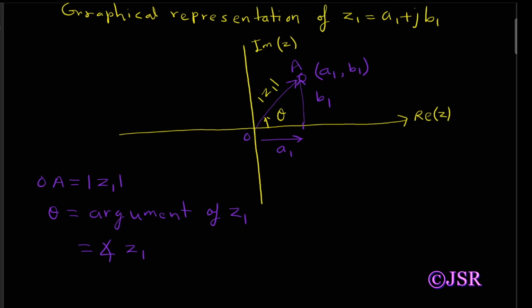So this way we can represent any complex number in the complex plane by a polar form. So using these properties, we can find out the magnitude and the argument of any complex number.